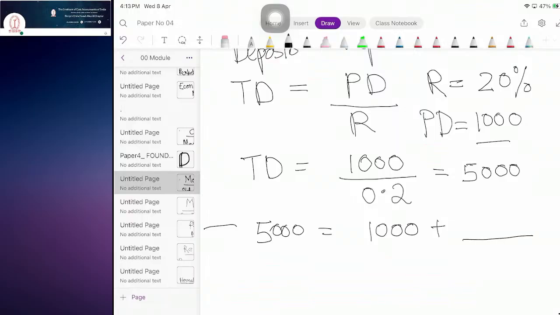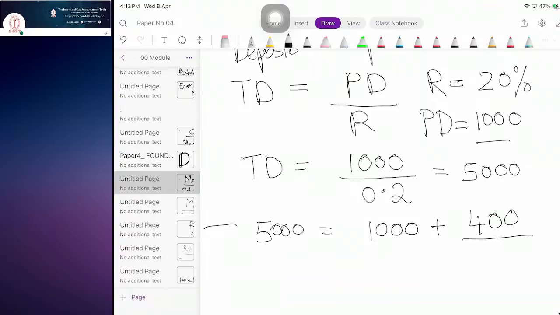How much will they be? Total is 5,000, primary deposits are 1,000. How much will be the total secondary deposits? Yes, correct.